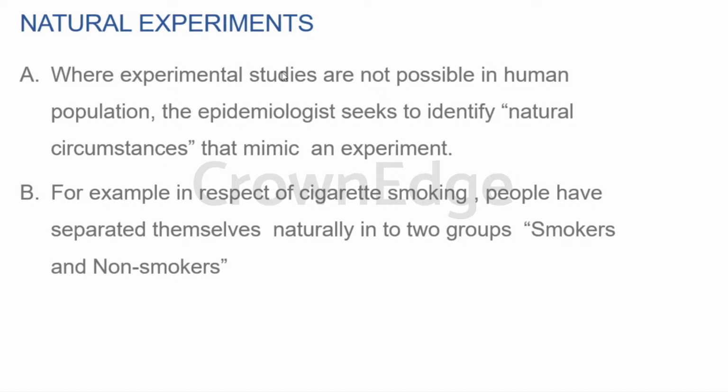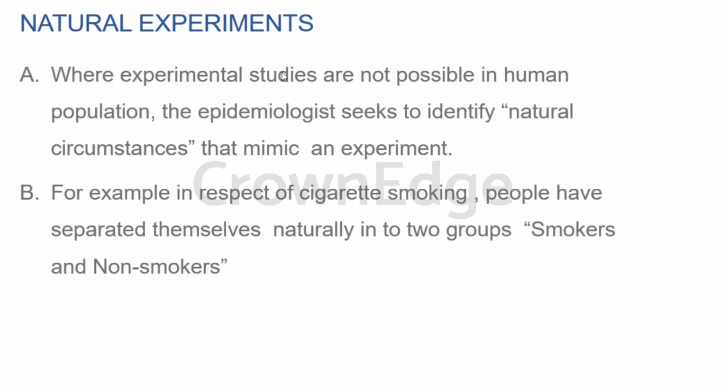Then there are natural experiments, where experimental studies are not possible in a human population. What the researcher will do is try to identify the natural circumstances that are going to mimic an experiment. For example, you cannot force people to smoke just to see what effect it has on people's lungs. That is not ethical.